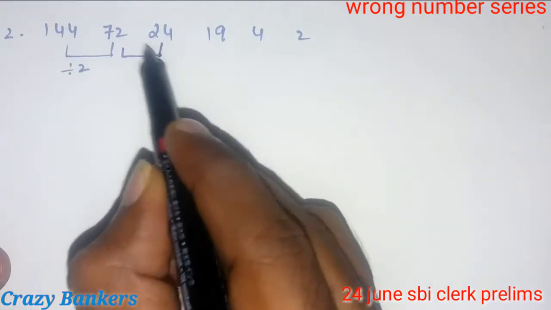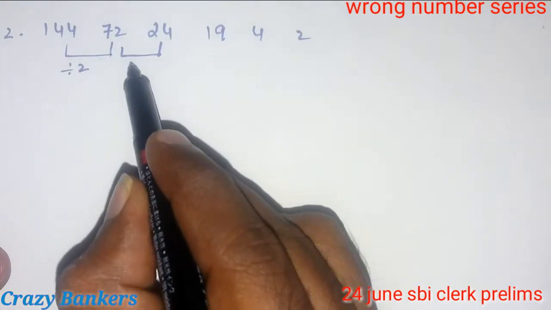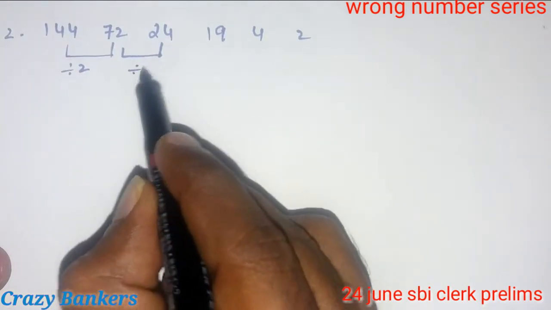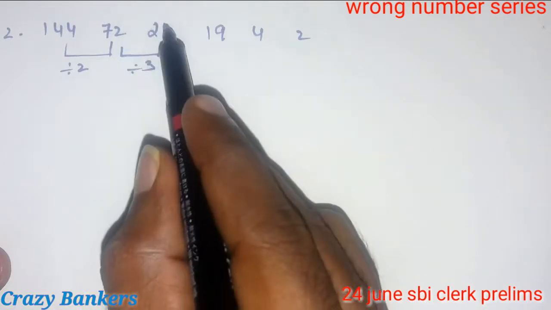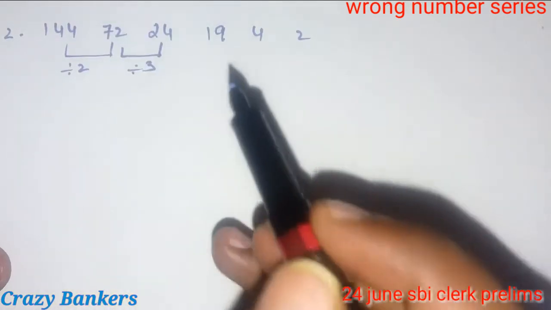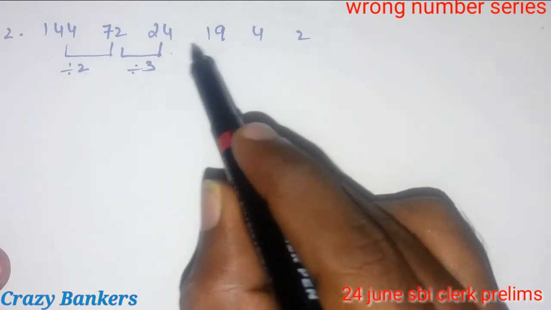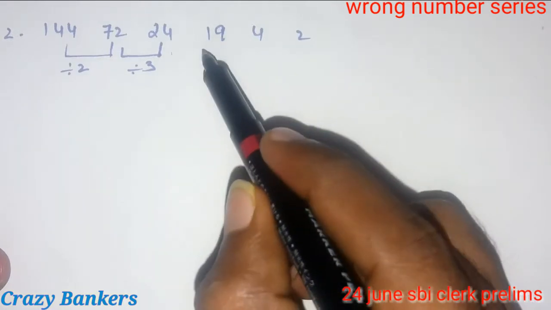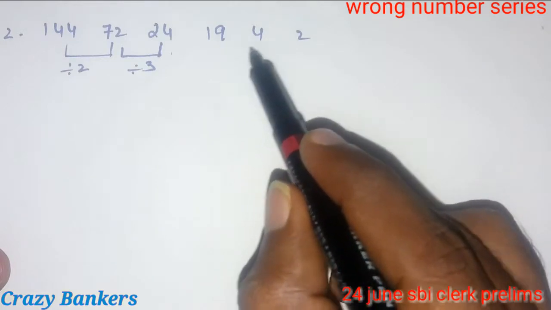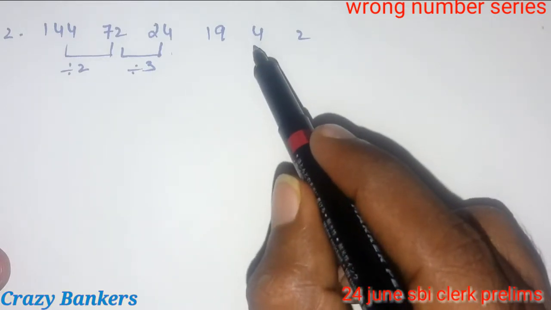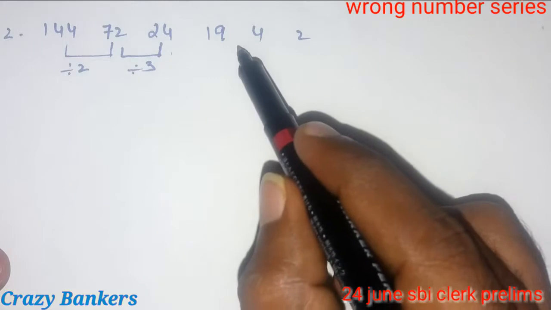Next, 72 divided by 3, 24 into 3 is 72, right? But for 24 and 19 the difference is 5, so it is not divisible. Next, 19 and 4 is 15, and 15 is not divisible here.